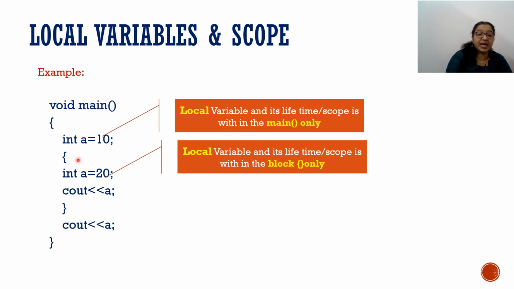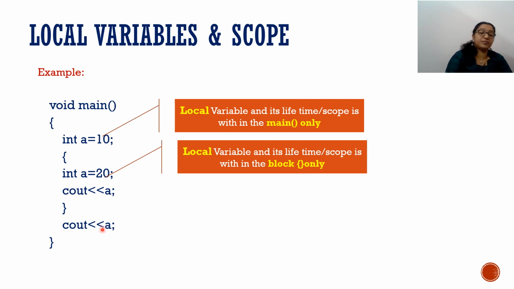So this A and this A can be accessed by this block. So which A, which value will we get on the monitor? 10 or 20? There is no confusion. The 20 will be displayed because the preference goes to the local variable. Got it?